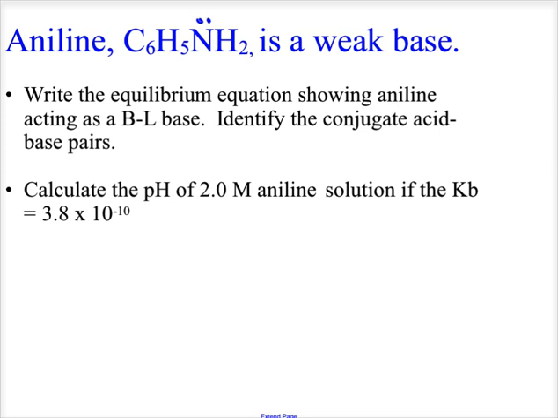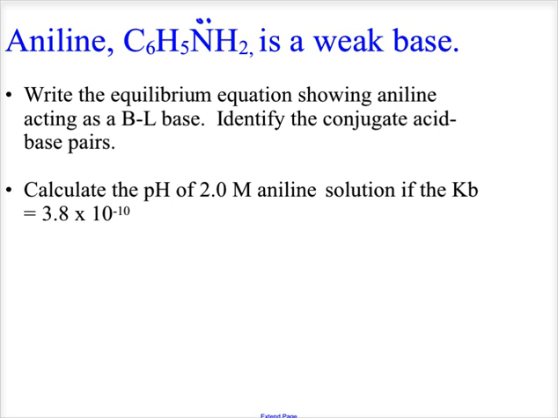And ammonia has a lone pair of electrons, and that's part of the reason why it's a good proton acceptor. So write the equation of aniline accepting a proton. What will the conjugate acid of aniline be? Write that equation and then move forward and calculate and bring your answer into class tomorrow.